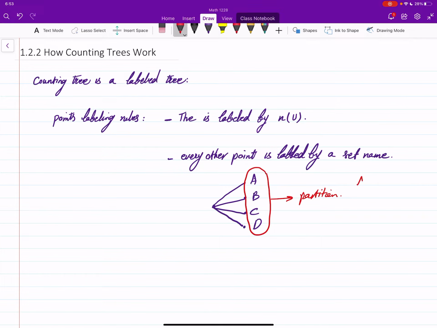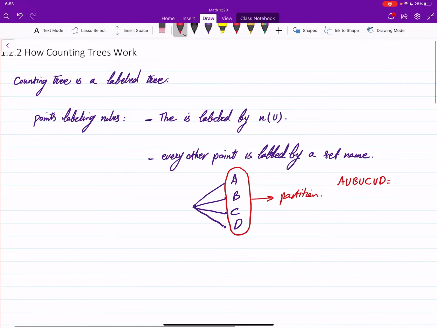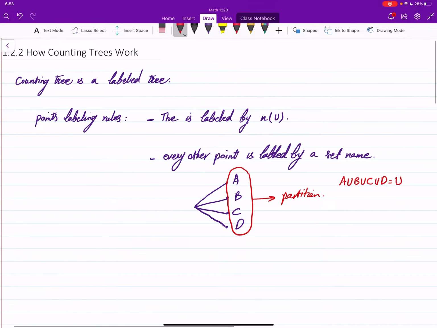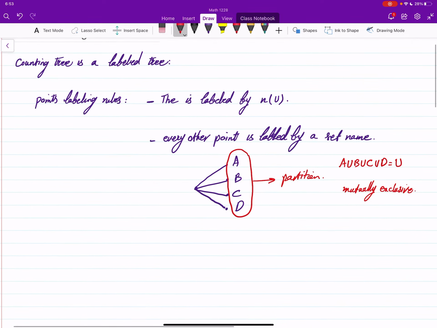So A union B union C union D, for any point, must equal the universal set. Any two of them, if you look at their intersection, it is empty.